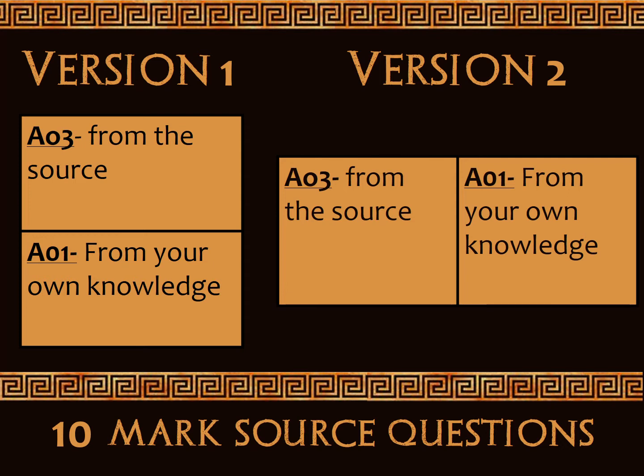The difference with this plan is the source is next to the knowledge, so you may read the source, as in this one, and think, right, well, I actually have some knowledge that I can add on to that point about the source, which makes that clearer. So you don't have to do all of the source, then all of your own knowledge. This second plan would be better if you think the answer would be best answered by expanding on points made from the source with your own knowledge. And we'll look at what that looks like just now.